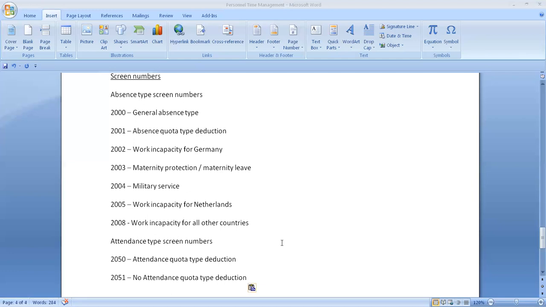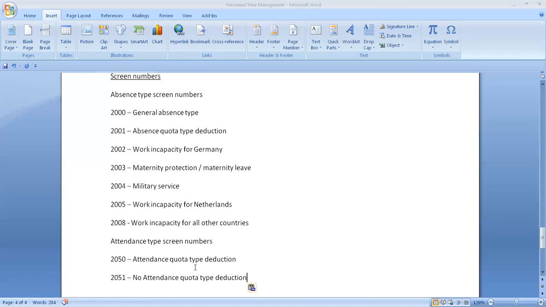So what are these screen numbers? Screen field values need to be changed based on the leave type. That is why these screens are defined. For example, casual leave is different from maternity leave.